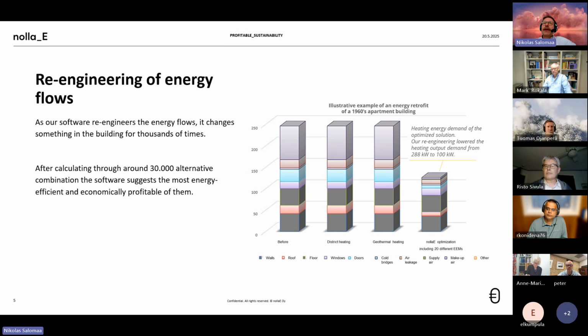What happens with the software is that you don't get a low-hanging fruit like that. You get a new low-hanging fruit, but that saves 80% of the energy that the building consumes. Of course, the investment cost is bigger, but it gives you a very profitable, very high return on investment.